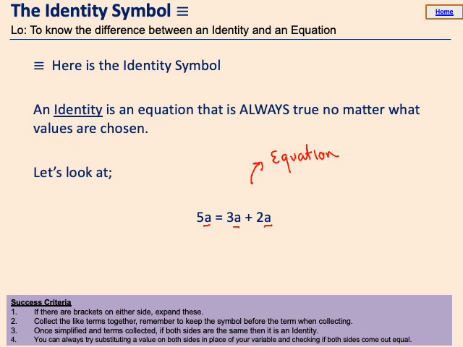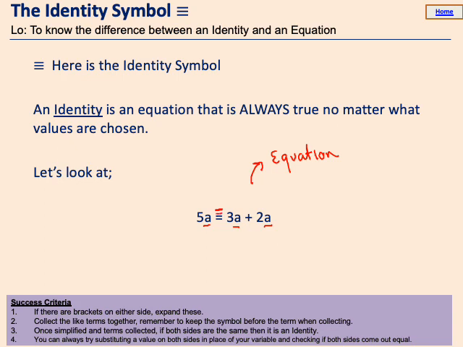So we know from our last few lessons that 3a and 2a are both like terms. So if we wanted, we could collect these and they would become 5a. So on the left hand side we have 5a, and on the right hand side we have 5a. So no matter what value of a we put in here, the left hand side is always going to be equal to the right hand side.